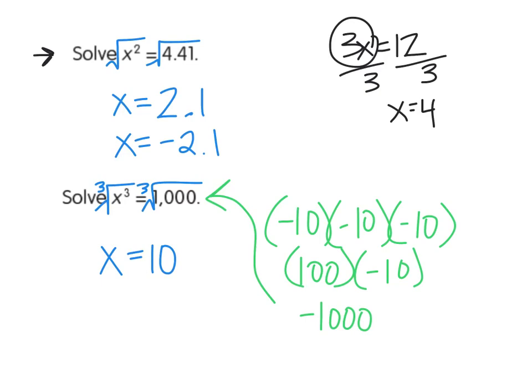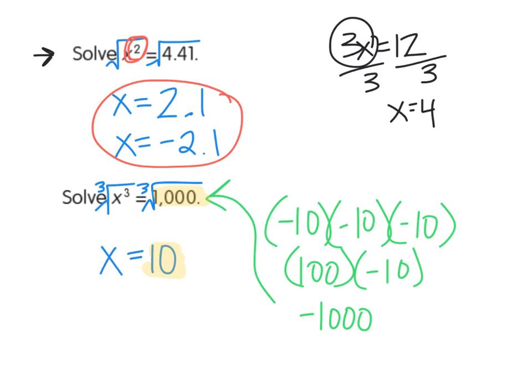The only time that you have a positive and a negative is when you have a square. If you have a cube, it actually can't be positive and negative in your answer. When you're finding the cube root of something, if the number that you're finding the cube root of, like in this case 1,000, is positive, your answer is going to be positive.